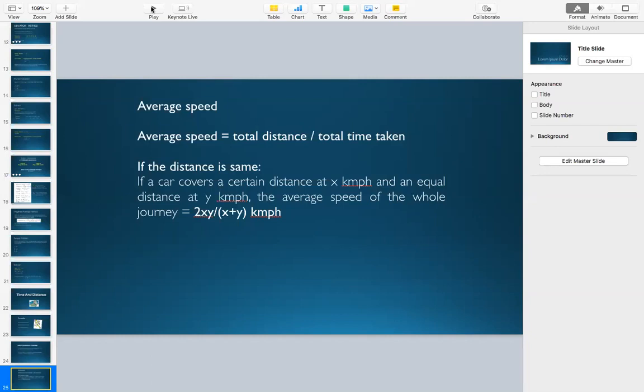The question is to find the average speed. The total distance covered is 40 plus 60, 100 kilometers, and the total time taken is 2 plus 3, 5 hours. So the average speed will be 100 divided by 5, which gives 20 kilometers per hour. So 20 kilometers per hour will be your average speed in this case.